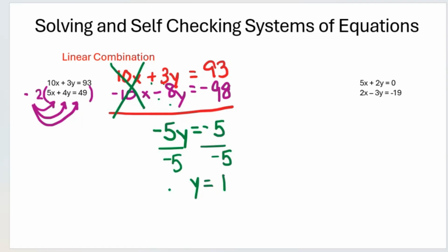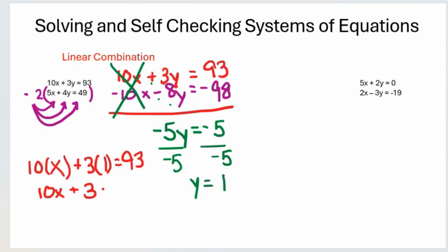Once you have one of the variables, you can go back, substitute it in, and solve for the second one. So if I use that first equation, you could use either equation, 10 times x, that's what we still need to figure out, plus 3 times 1 equals 93. 3 times 1 is 3, so 10x plus 3 equals 93.